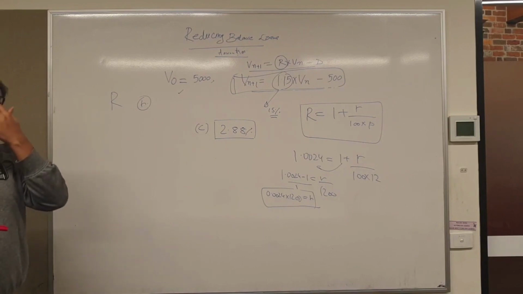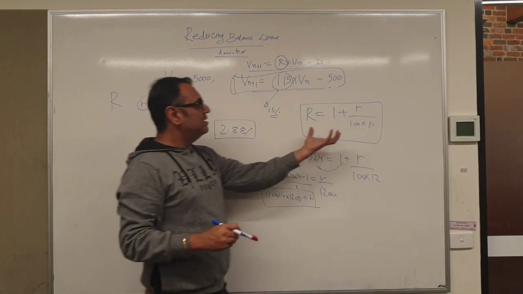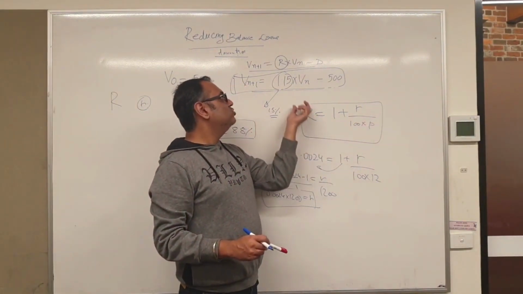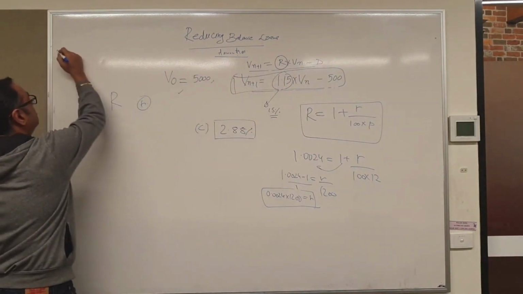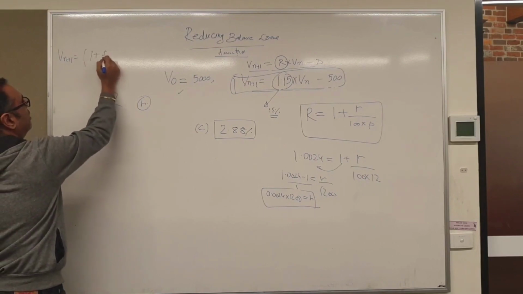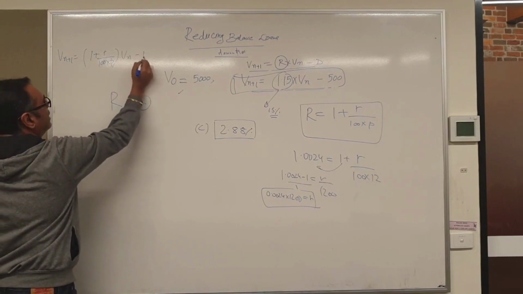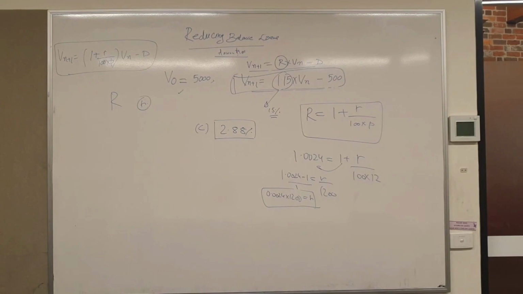Actually, they have simplified the formula. They have replaced this big expression with the capital R so that it sits in here. Otherwise, how would this formula have looked? Vn plus 1 equals 1 plus r over 100 times P, times Vn minus D. This looks like a more complex formula.